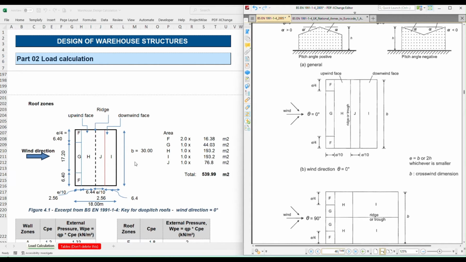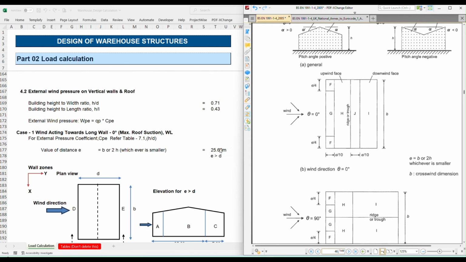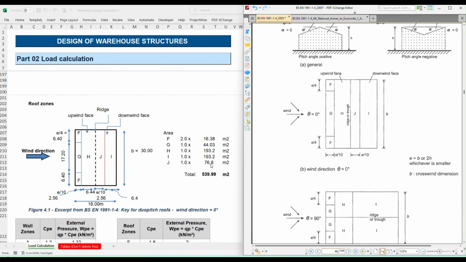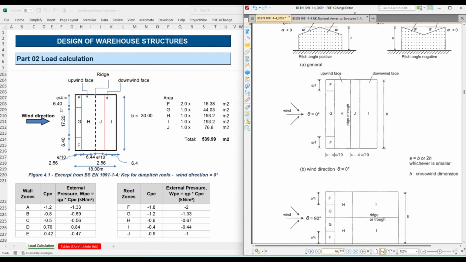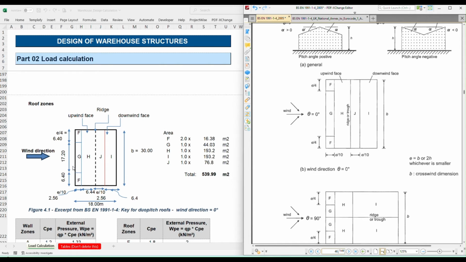E by 4 is nothing but, we have calculated 25.6 as E here, divided by 4 is 6.4. So this is the F zone distance, and the remaining, that is 25.6 minus 6.4, will be 19.2. That zone is going to apply to G, and the remaining H, J, I have the length of 30 meters, the overall length of the building.